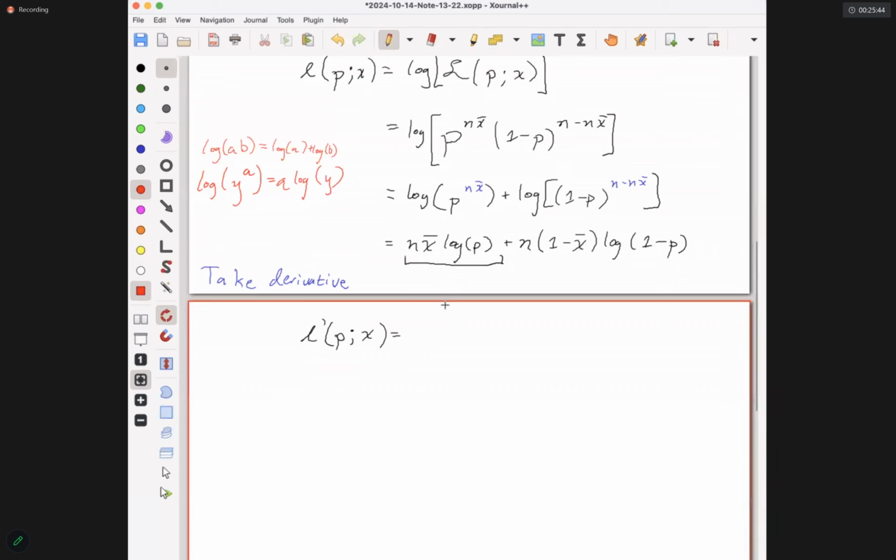Let me ask you just in general for these derivatives of logarithms. If I'm looking at the derivative with respect to x of some function of a log of u, where u here is a function of x, what is this derivative?